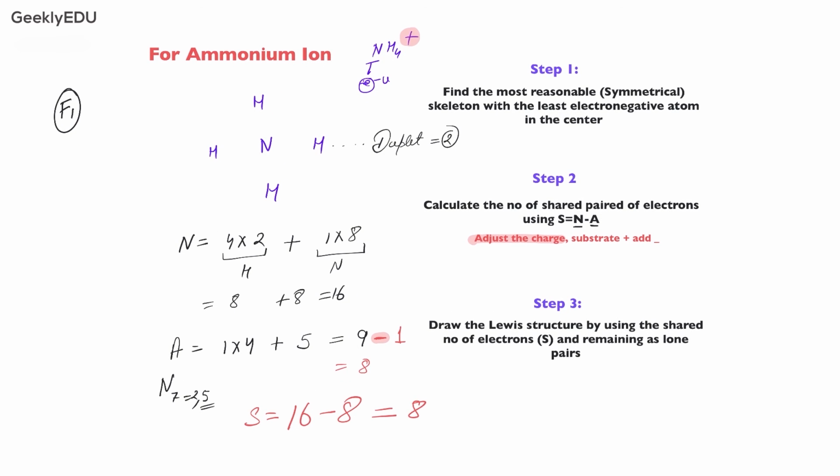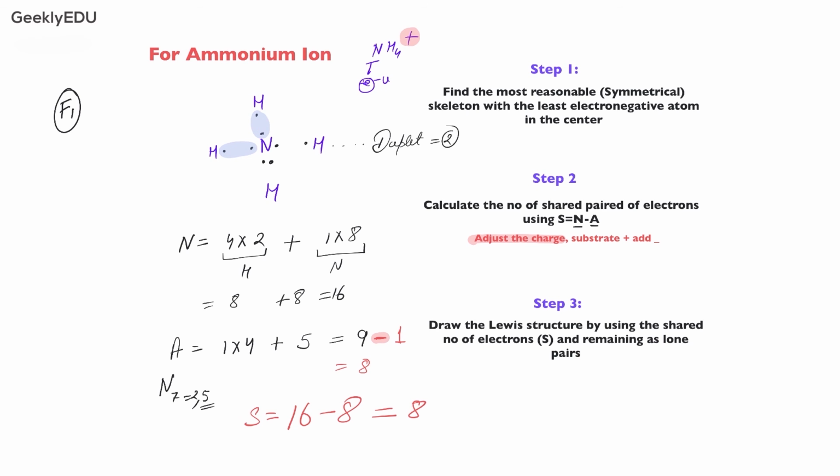Each hydrogen would have 1, 1, 1. Remember, the nitrogen has 5 in its outermost shell. So these are going to be the shared electrons.